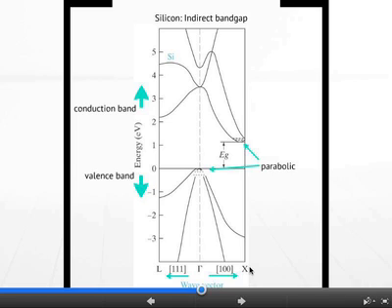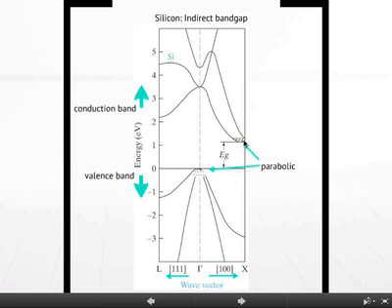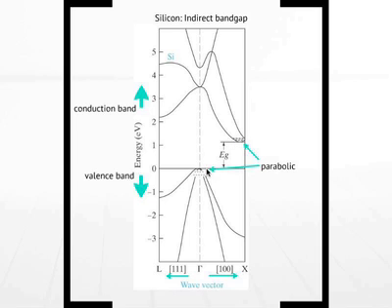Okay. The first point we want to make is that the lowest part of the conduction band here is roughly parabolic. The highest part of the valence band here is roughly parabolic. Of course, in the indirect band gap semiconductor, silicon. But as you increase the energy, it's no longer very parabolic. Okay? Which means that it's much more complicated in terms of solving the equations and so on.